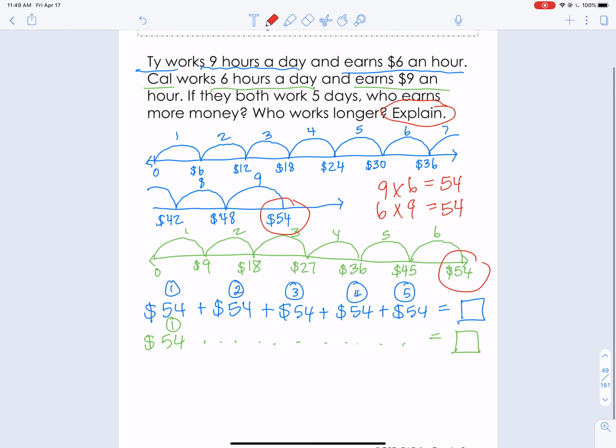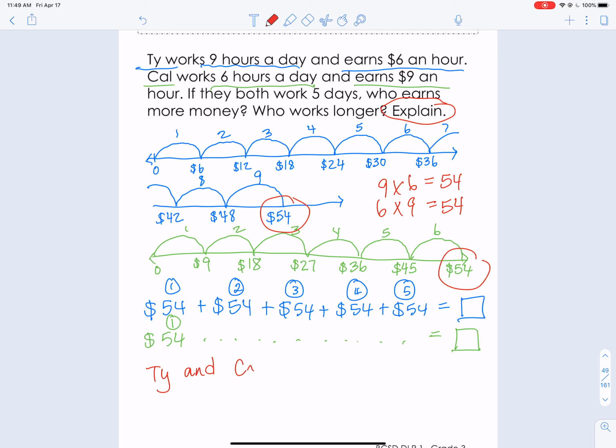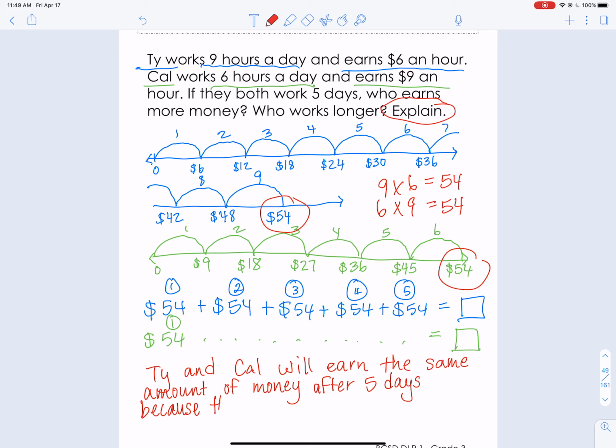I'm going to say Ty and Cal will earn the same amount of money after 5 days because they both earn $54 for every day of work, period.